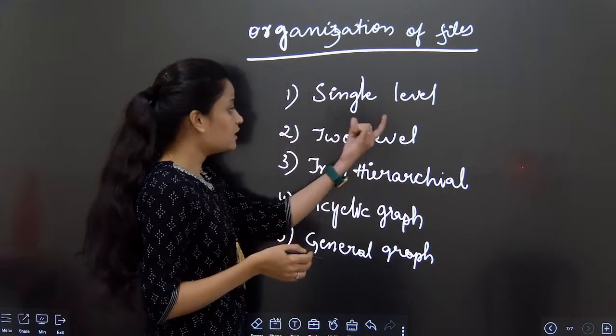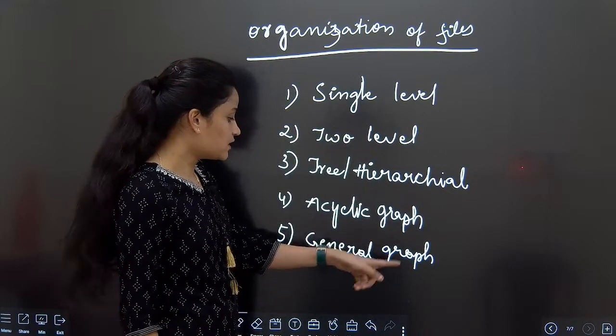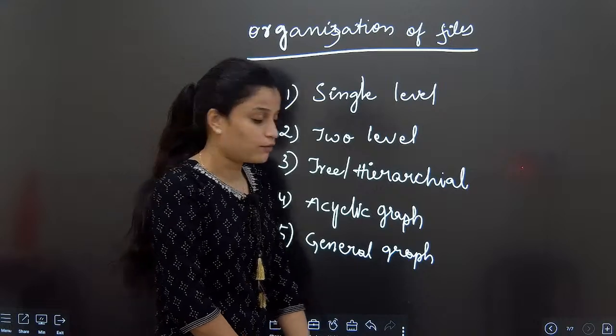Okay, single level directory, two level directory, tree or hierarchical level directory, acyclic graph and general graph. Let's see one by one.